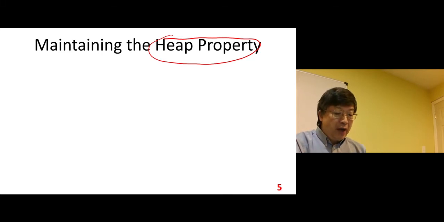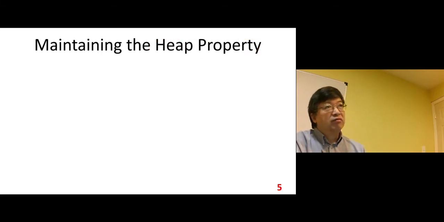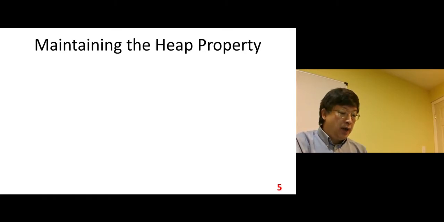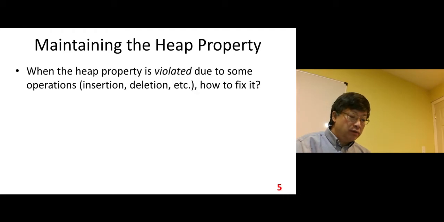So that whole process, we need to keep doing all the time, on the fly. Because when the data comes in on the fly, every time we detect a violation, we need to fix it. So we need to maintain the max heap structure all the time. All right, so let's see how we do that.